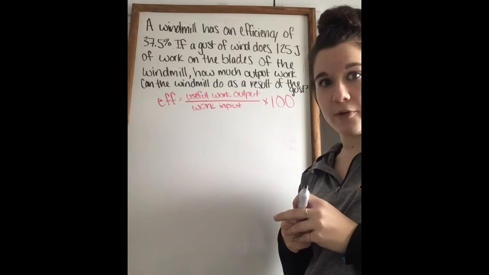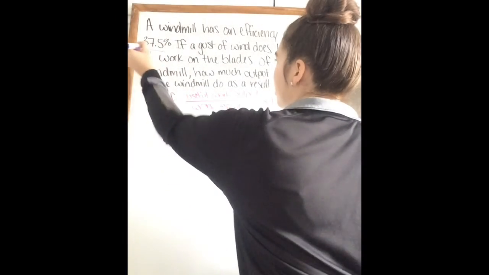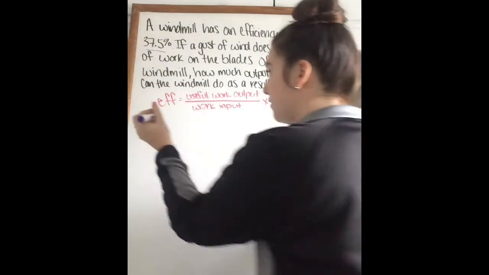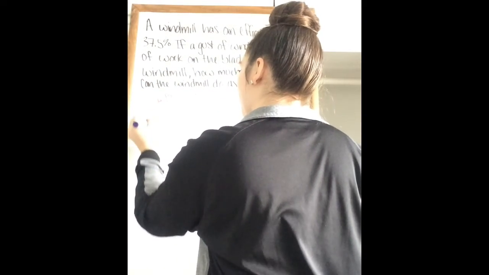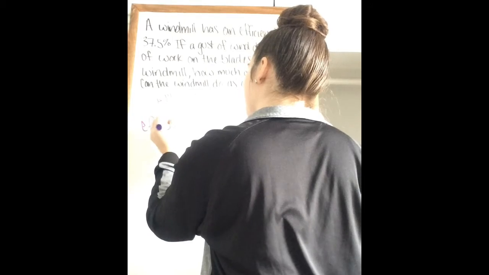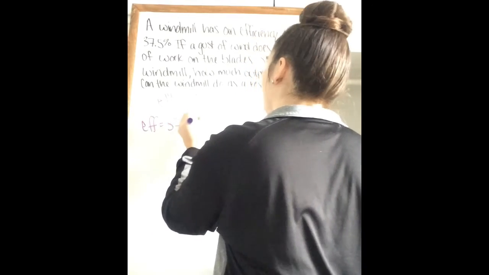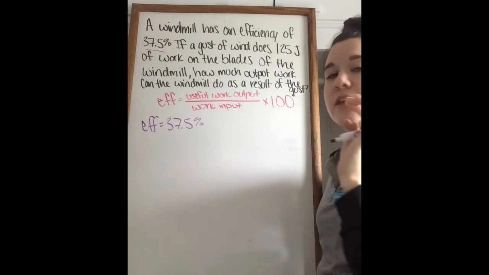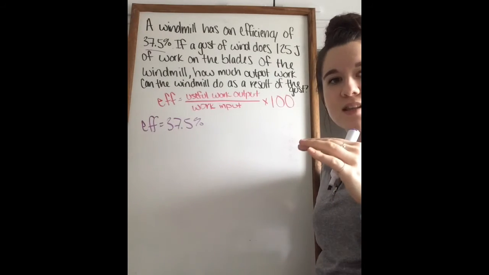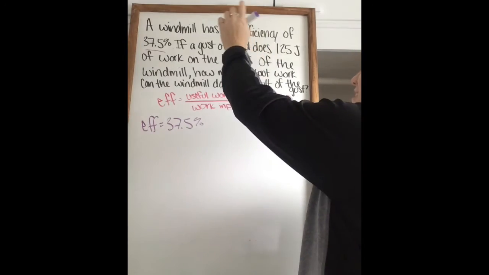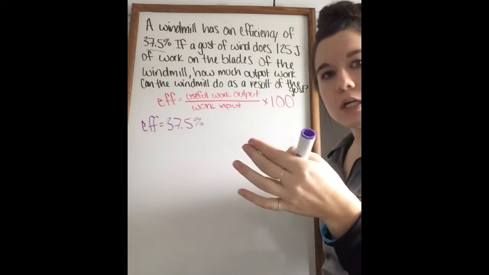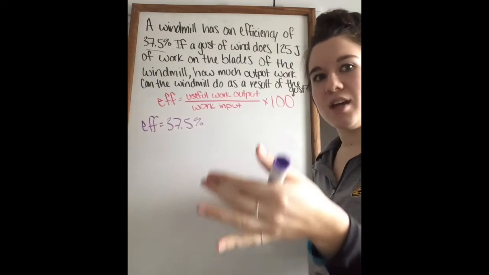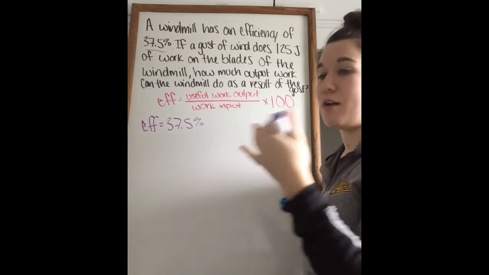So let's start with what we know. Okay, we have 37.5%, that is our efficiency. We have 125 joules of work. Now we don't have any people or no person in this example, but it says the gust of wind does the work, so that's still the work that is being done. Okay, so that's going to be our input.